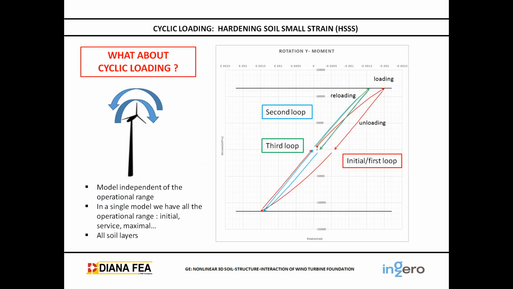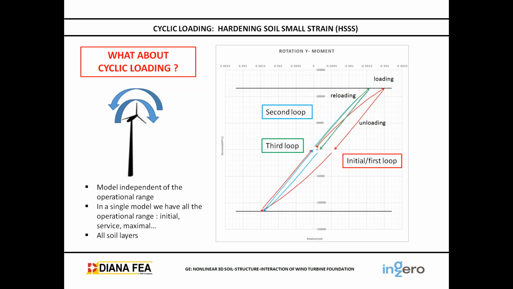Okay, so what is the difference between considering hardening soil small strain versus Mohr-Coulomb? Why use hardening soil small strain? The principal reason is that when we are designing a wind turbine, we have cyclic loading, and that behavior cannot be predicted with the Mohr-Coulomb model.